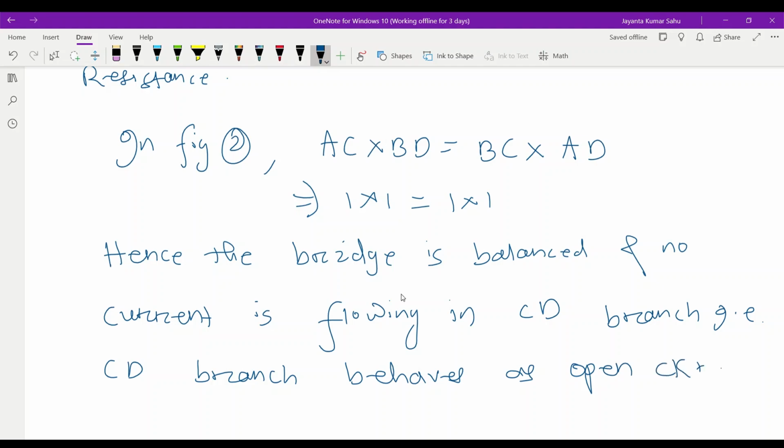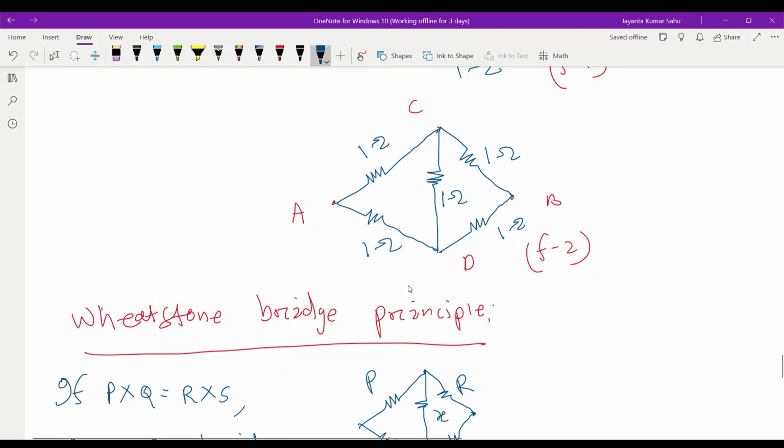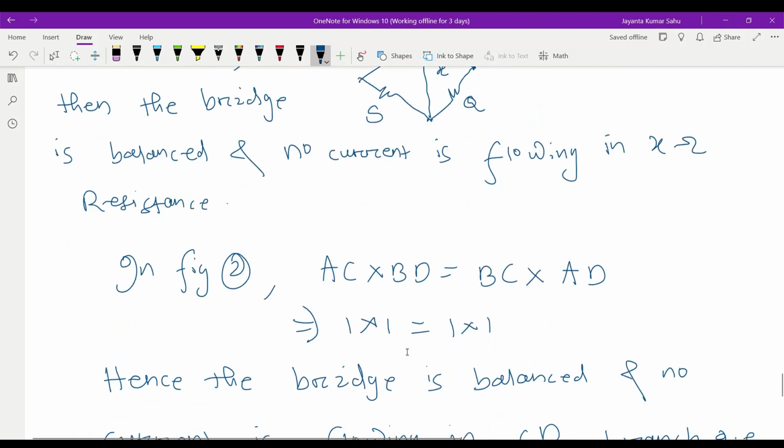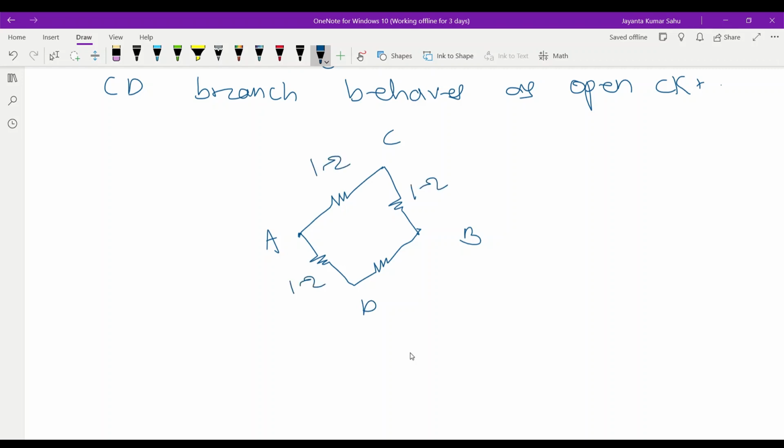Now we redraw the circuit. If the CD branch behaves as an open circuit, we just remove the CD branch, that is, this 1 ohm resistance. We get this type of circuit, with A, B, C, D, and all values 1 ohm.